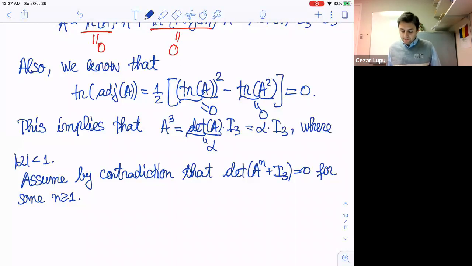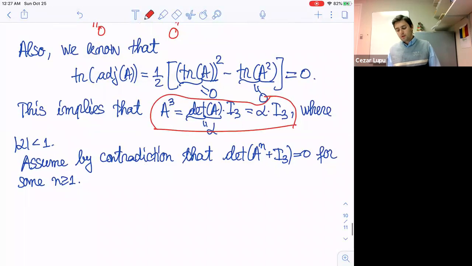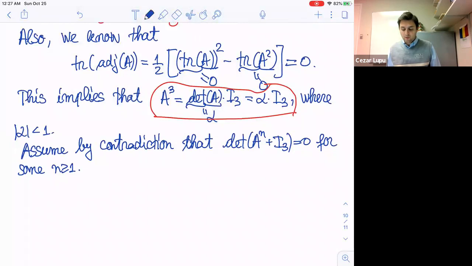All right. And now, let me look at the above relation, because this will be important. So I want to look at A cubed is alpha times the identity.